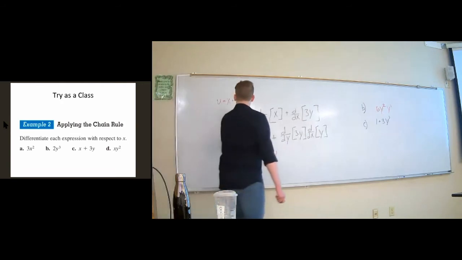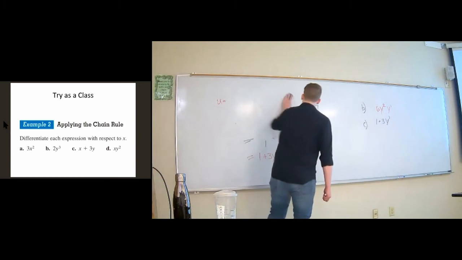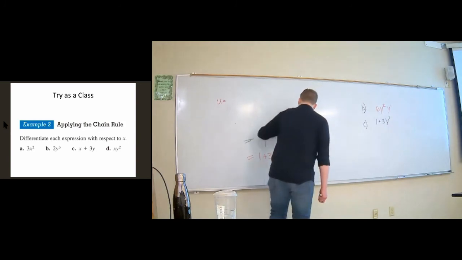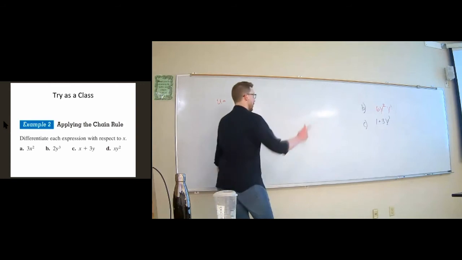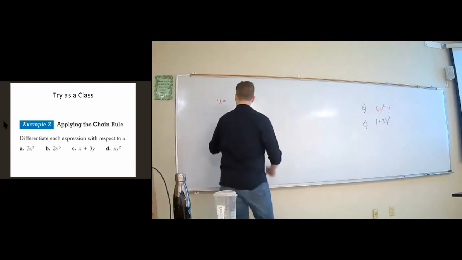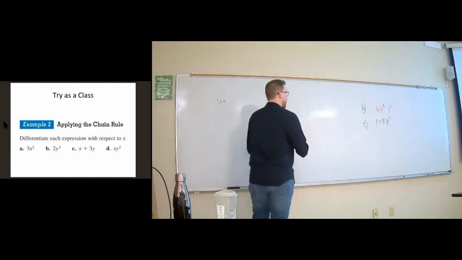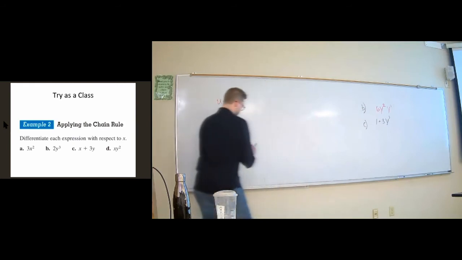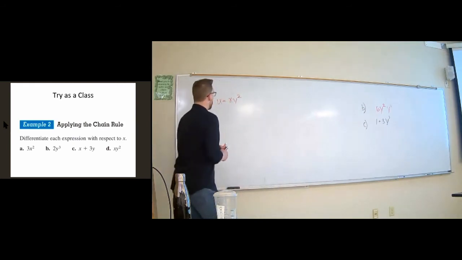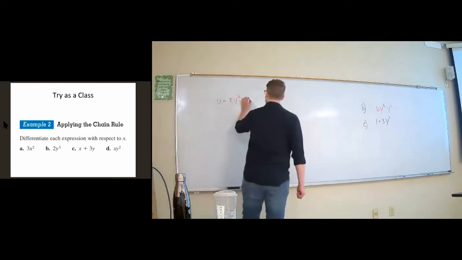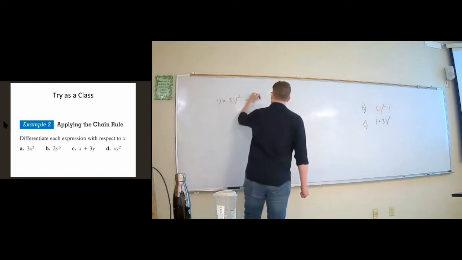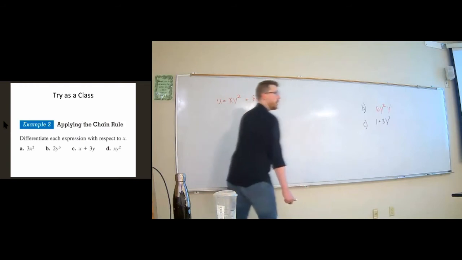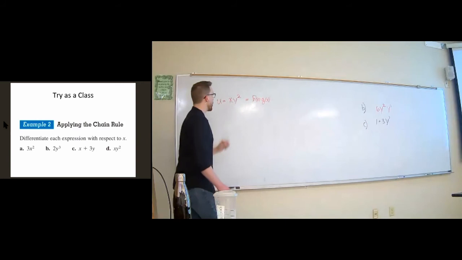Now, for this last term, we're saying that u is equal to x y squared. Well, this is like f of x times g of x, right? Everybody agree? So we're going to have to use the product rule here.